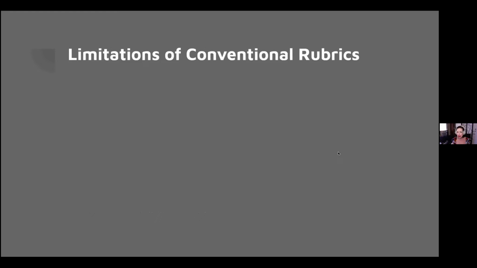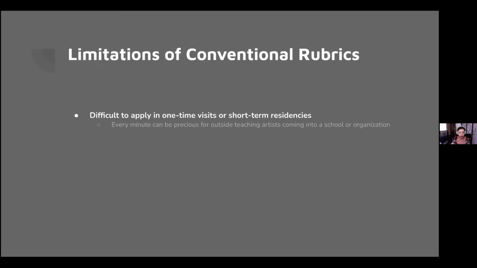Now, obviously, there's lots of limitations on conventional rubrics in an arts classroom. This is so difficult when we have one-time visits or short-term residencies, and we're not like a classroom teacher who has a long-standing rubric that the students know and expect. Every minute can be so precious when we come in.